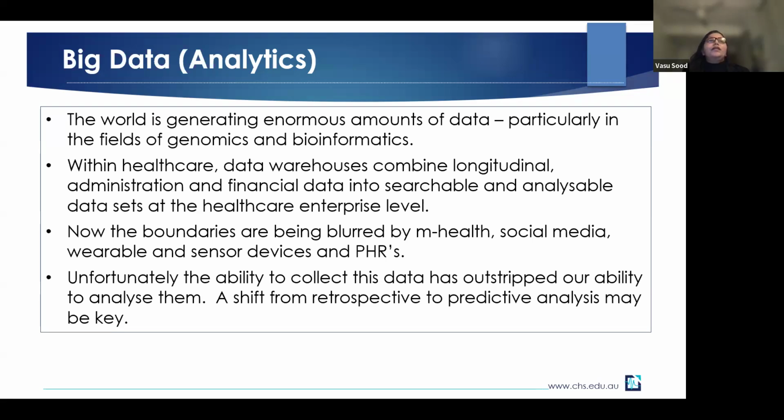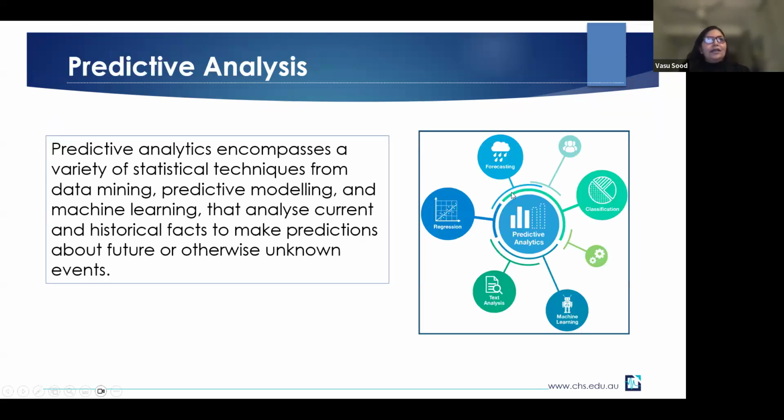So we can do much deeper analysis of data, and look at what the future can bring. For example, predictive analytics involves looking at what is happening based on past data, and we can predict something for the future.